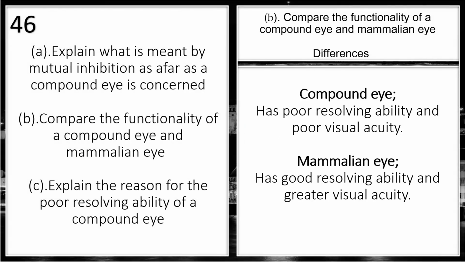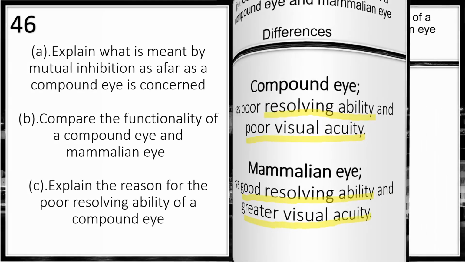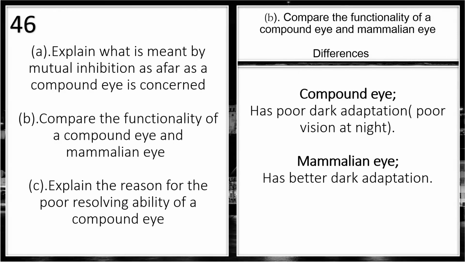Compound eye has poor resolving ability and poor visual acuity. Mammalian eye has good resolving ability and greater visual acuity. Compound eye has poor dark adaptation, poor vision at night.